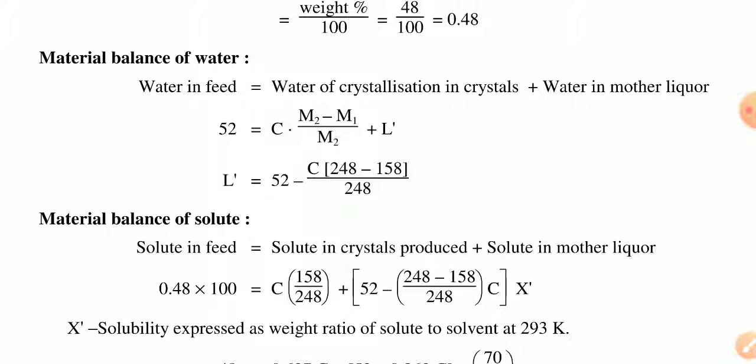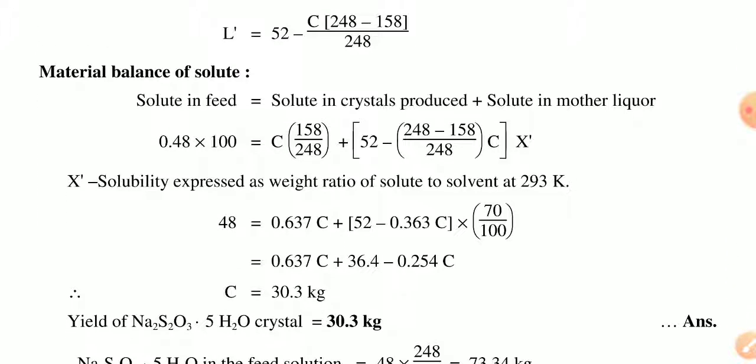Now let's look at the material balance of the solute. The solute in the feed is equal to the solute in the crystals produced plus the solute in the mother liquor. So 0.48 multiplied by 100 is equal to C times 158 by 248, plus the bracketed term 52 minus C times (248 minus 158) by 248, multiplied by X dash.